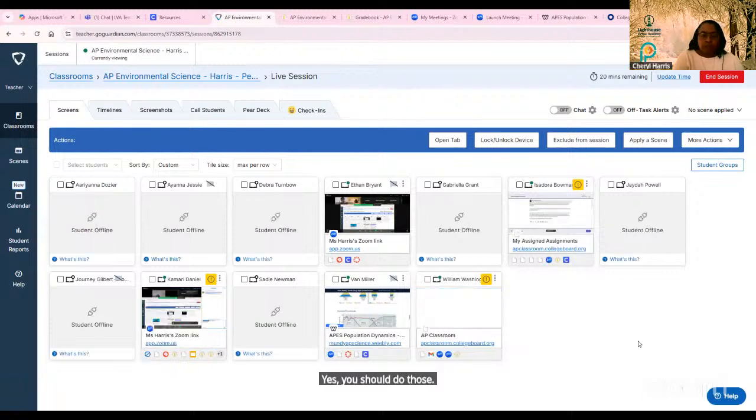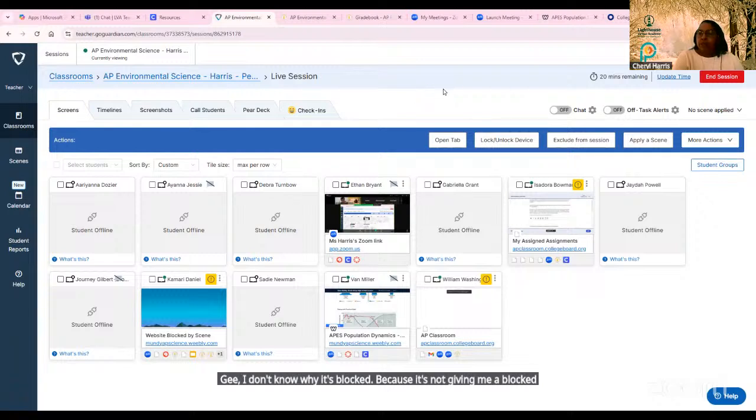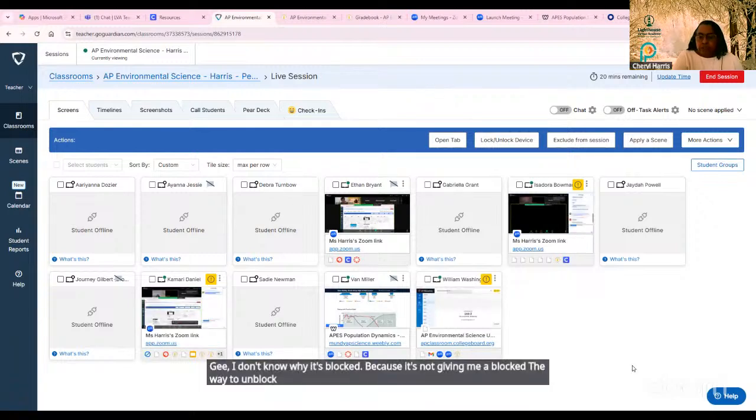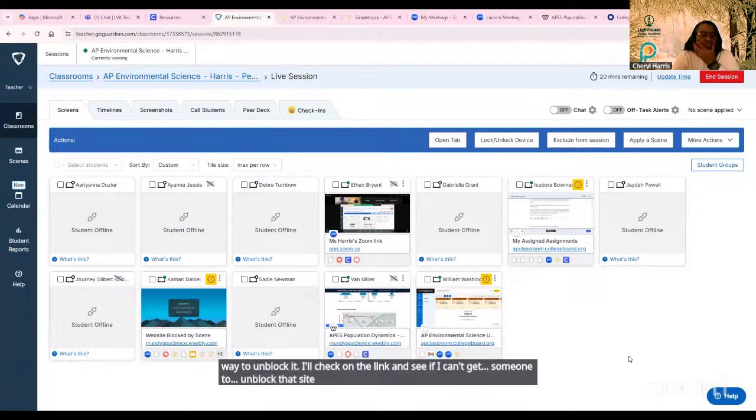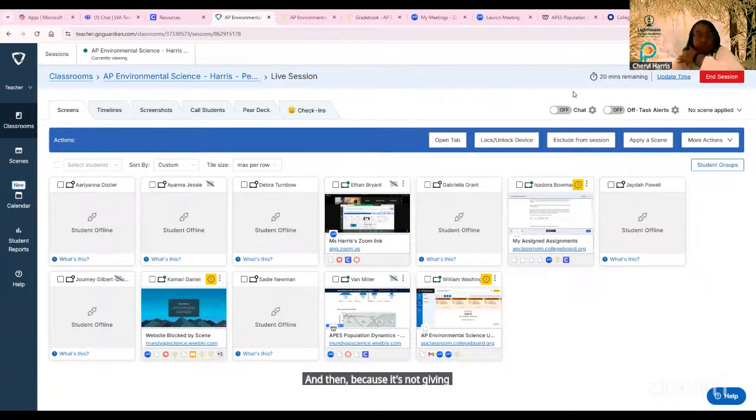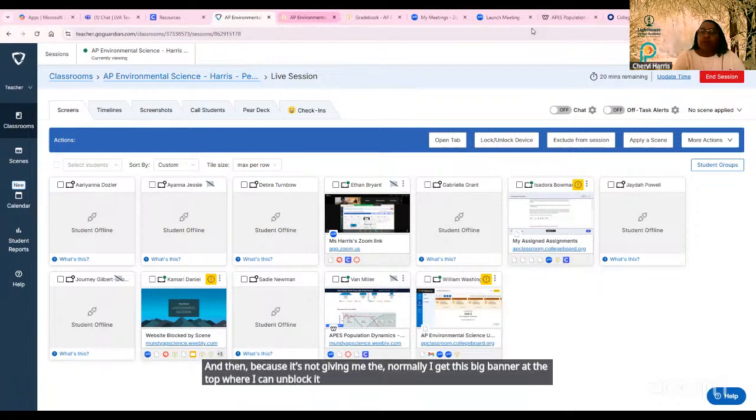Gee, I don't know why it's blocked, because it's not giving me a way to unblock it. I'll check on the link and see if I can get someone to unblock that site for you. But I'll share the link in the assignment category. Normally I get this big banner at the top where I can unblock it, and it's not letting me do that. But anyway, back to looking at this page.